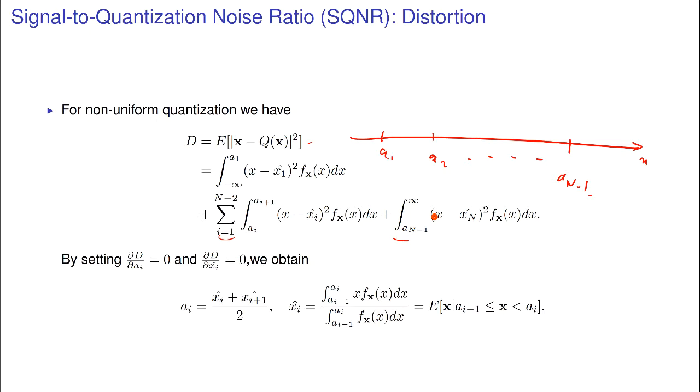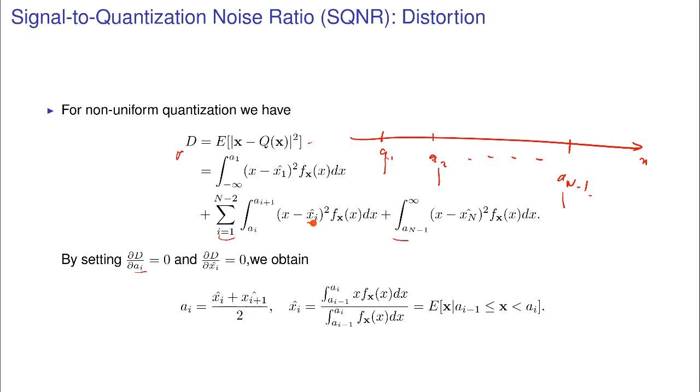Now we want to minimize the distortion. So suppose that I want to design the values of a1, a2, an. The objective is to minimize the distortion by tuning and choosing the values of a1, a2, etc. So I could calculate the derivative of the distortion, the derivative of this expression, with respect to ai.